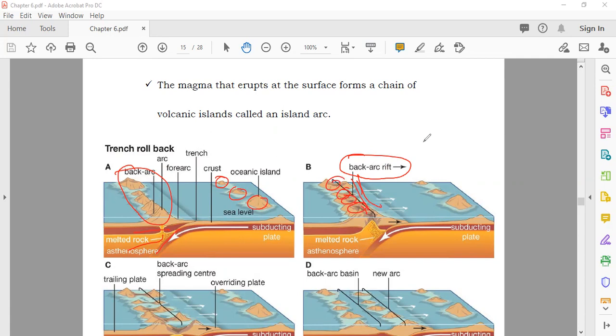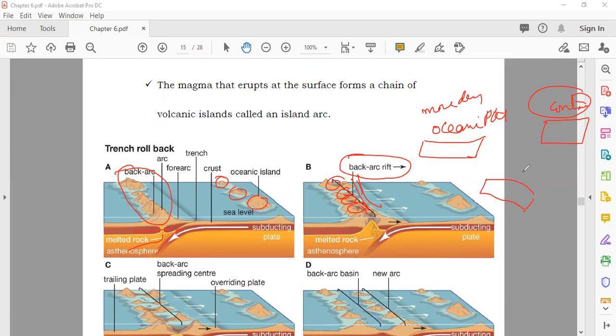What is a back arc rift? Again, I'm saying that when two plates, one is an oceanic plate, the other is a continental plate, continental meaning the dry land, come near to each other, the oceanic one is more dense, so it comes down, and above this one, what will come?